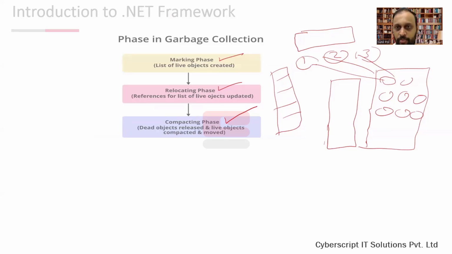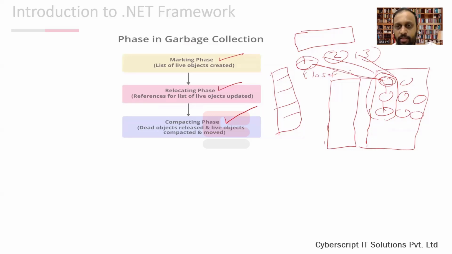What does it mean? Suppose after some time, this application root 1 is closed. So objects which are referred by this application root are considered dead objects and must be removed by the garbage collector. After that, in the previous slide, we have checked there is a shifting down of the live objects to the older memory location.